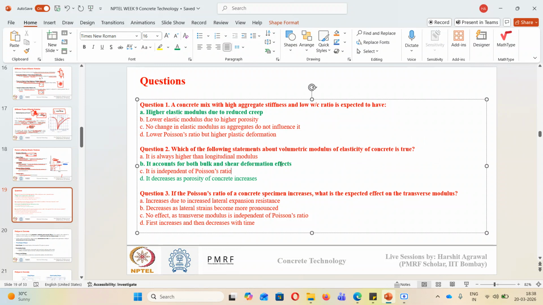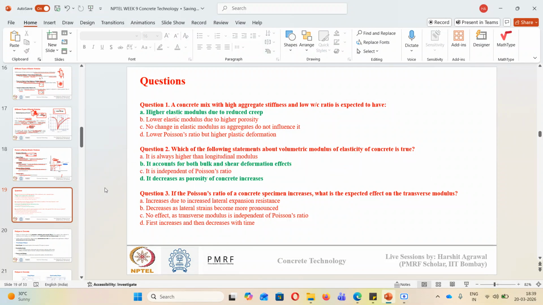That's why we say it accounts for both bulk and shear deformation, because it is a uniform deformation occurring from all sides. So volumetric modulus takes into account both bulk and shear modulus. So both options can be correct.